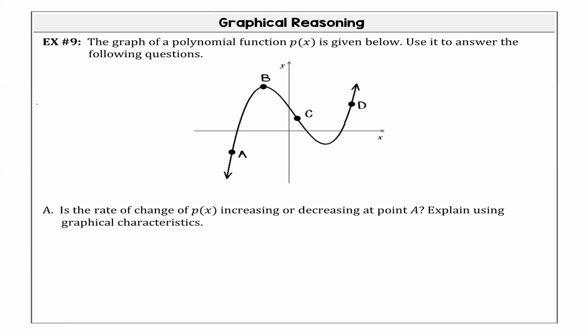So we're going to write it as a complete sentence. At point A, what do you think the rate is doing? It's decreasing because the whole thing is concave down.